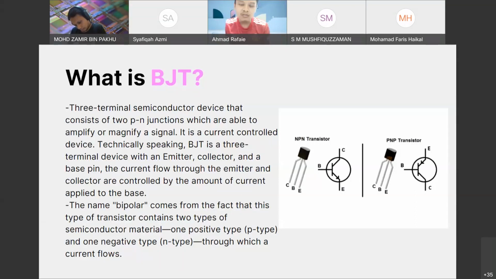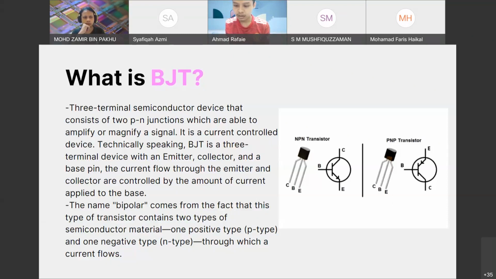The current flow through the emitter and the collector is controlled by the amount of current applied to the base. The term bipolar in BJT comes from the fact that this type of transistor contains two types of semiconductor material, one positive type or P-type and one negative type, N-type, through which current flows.